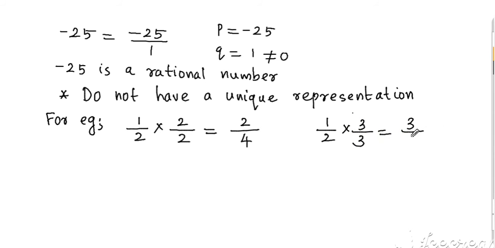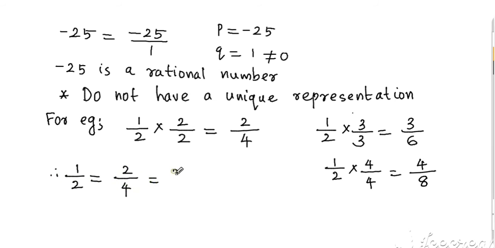Similarly, you can multiply the numerator and denominator of 1 by 2 by 4, so that you will obtain 4 by 8. So we can say that 1 by 2, 2 by 4, 3 by 6 and 4 by 8 are all equal. These are called equivalent rational numbers, same as equivalent fractions.